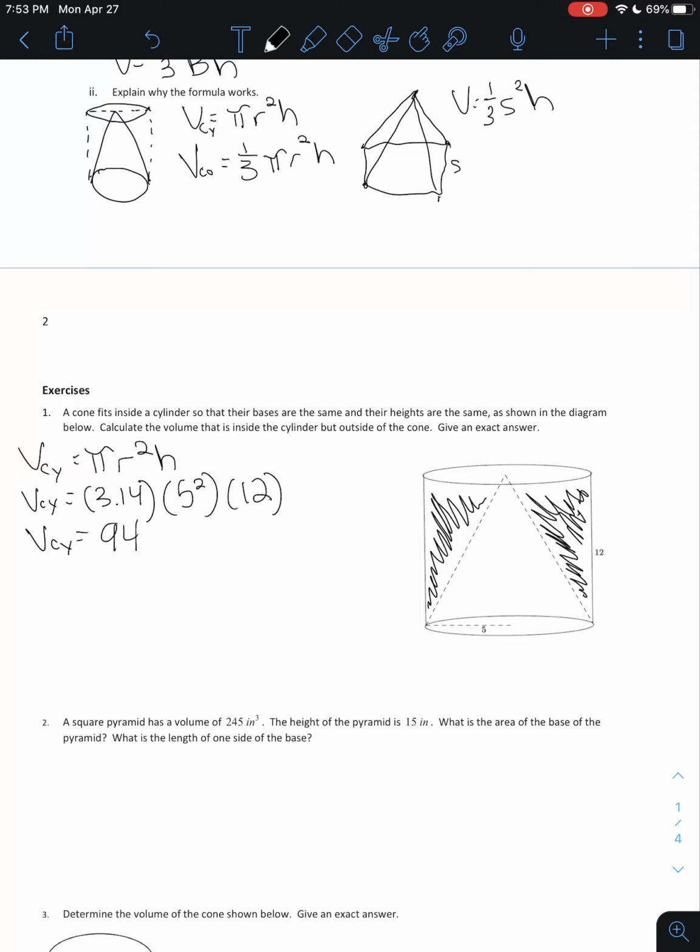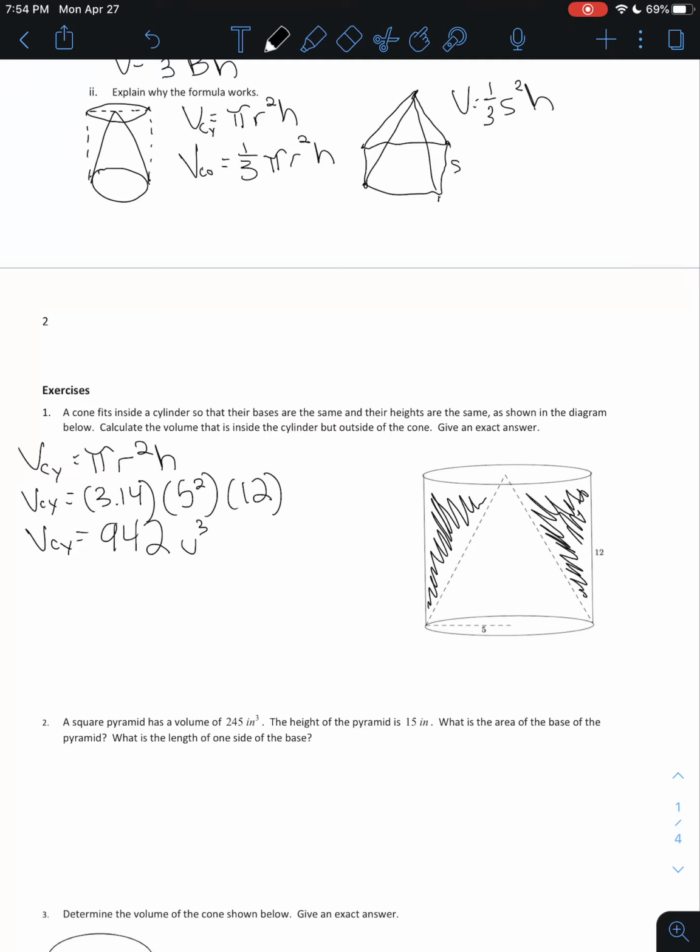So our volume is 942. If this were in inches, then this would be inches cubed, so maybe we could just say generally units cubed, whatever measurement we're using. But we're not done yet. That just gave us the total volume for the whole cylinder.